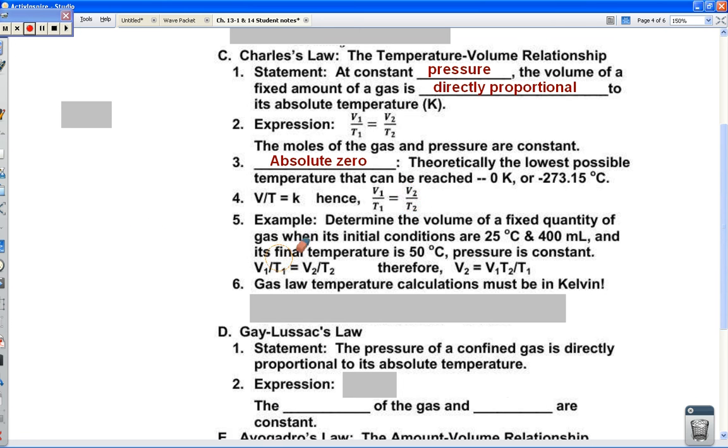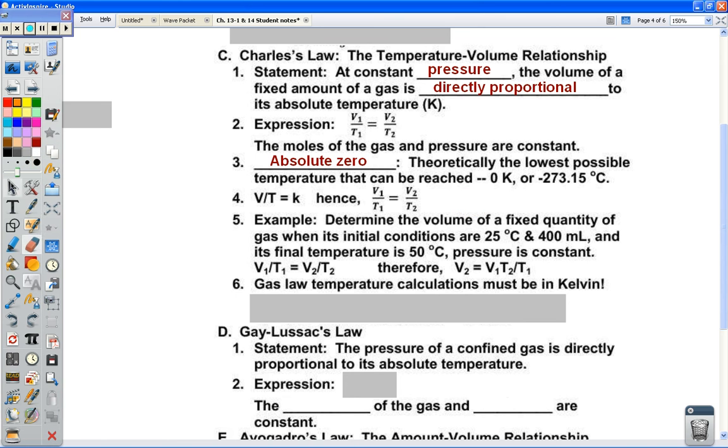So, our example: determine the volume of a fixed quantity of gas when its initial conditions are 25 Celsius, 400 mL, its final temperature is 50 degrees Celsius, and pressure is constant. Important things to see here.